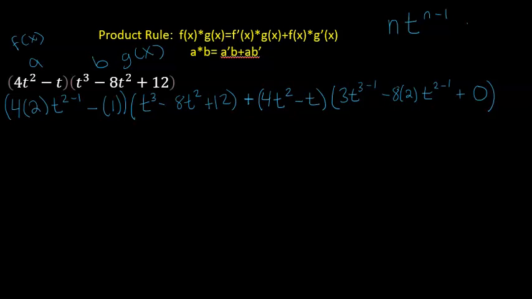I want to clean this up a little bit because there's a bunch of little math problems in here we can solve. So let's go ahead and do that. So over here I have 8t, right? 4 times 2 is 8. 2 minus 1 is 1, right? I'm going to do that. That's A. And then B was exactly as it is, so there's not much to do there.